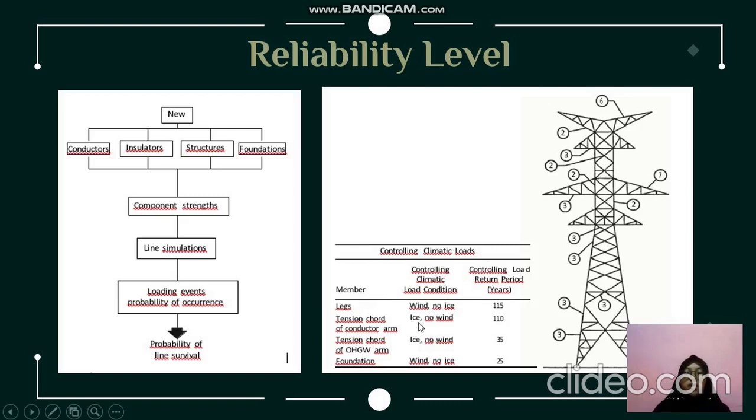In this controlling climatic load condition, wind no ice, no wind, and then ice no wind, no ice. In this leg tension cord of conductor arm, tension cord of OHGW arm condition, and this controlling load reference of per years.